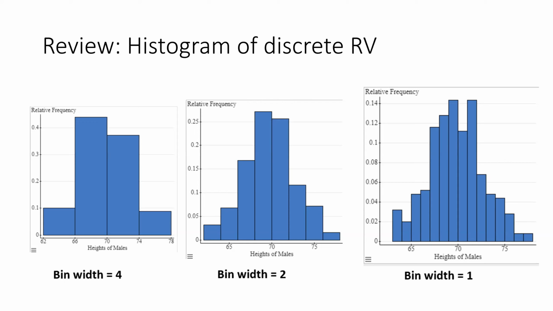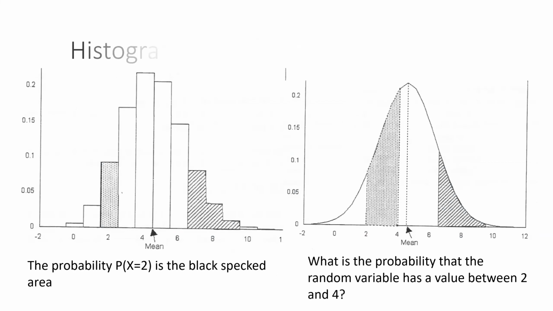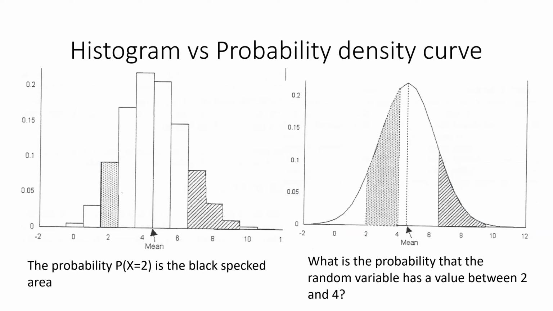What I want you to notice is how the width of the bar is changing. It's getting smaller and smaller, and the shape is slightly changing as well. Okay, so what happens with continuous random variables is that the width of the bar becomes infinitely thin.